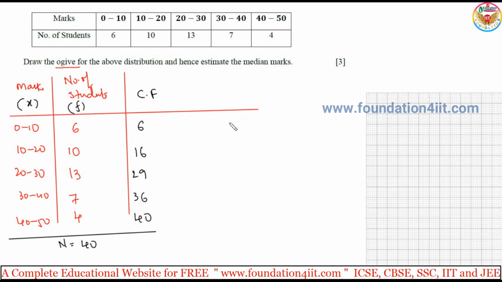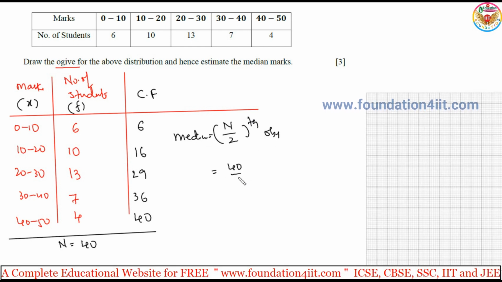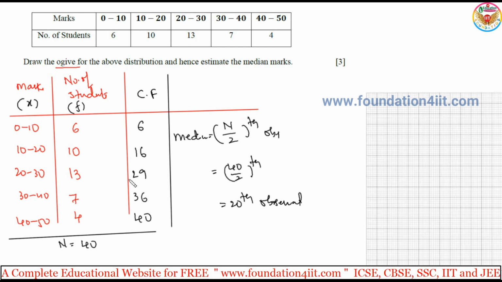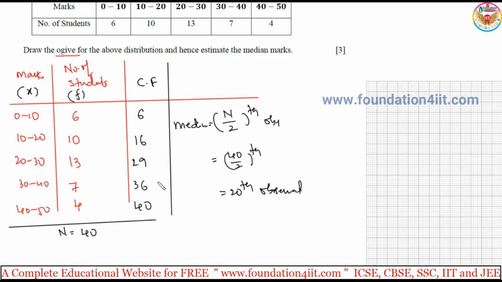Now to find the median, it is the n by 2th observation. N is 40, 40 by 2, that is the 20th observation we have to find from the graph. So to draw the graph, we need to plot the points: upper limits and cumulative frequency.